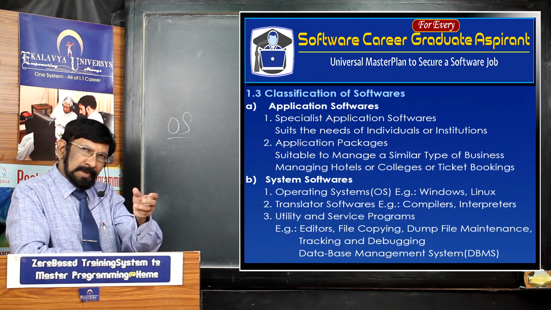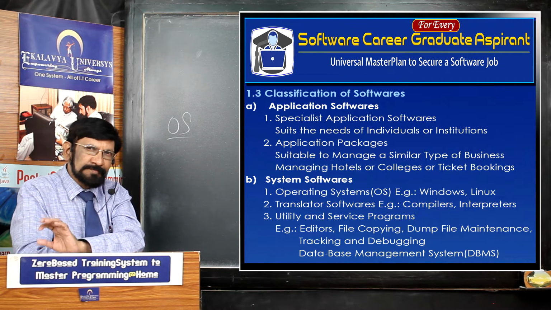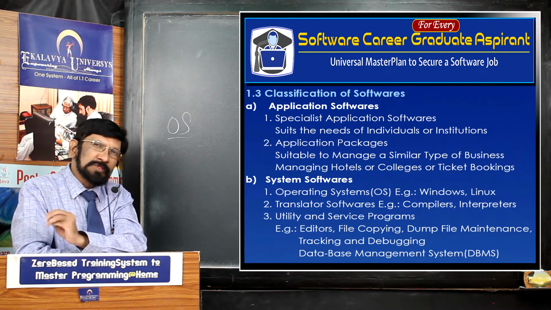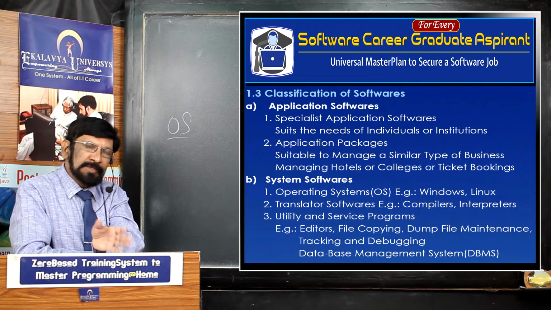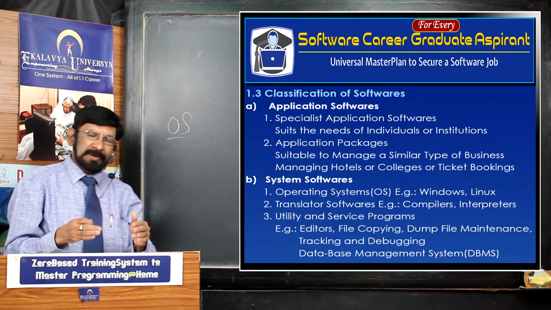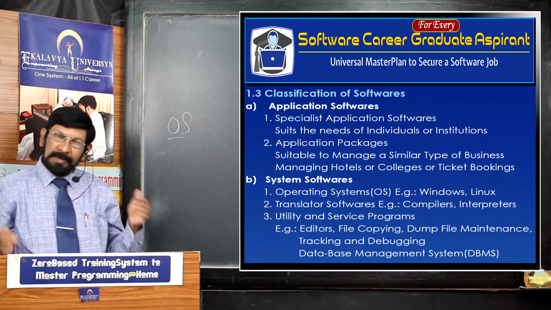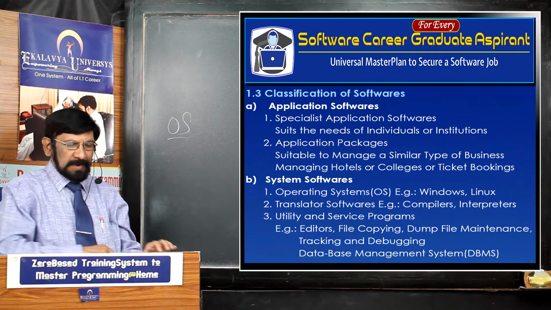It creates a link between hardware resources and software resources as a manager. Otherwise, both are useless. Already I told you, without hardware, software is useless. Without software, hardware is useless. If the operating system is not there, then both are useless. But the operating system is software only. That is system software.